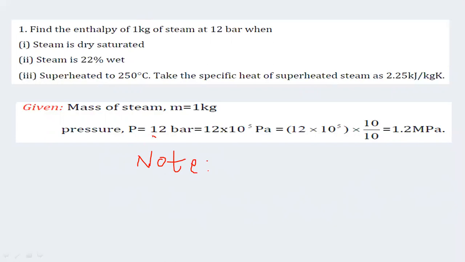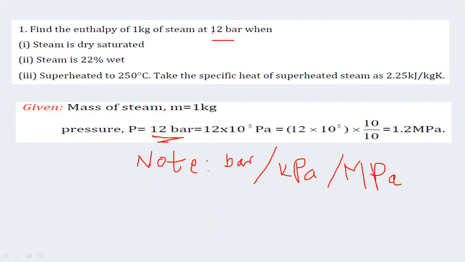Now in the question, what he has told is 12 bar. In some steam tables, the pressure may be in terms of bar, in the first case, or it may be in terms of kilopascal, or even in terms of megapascal. The question has given you the pressure in bar itself.